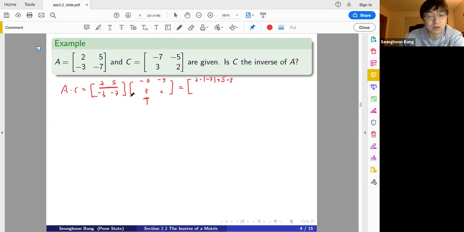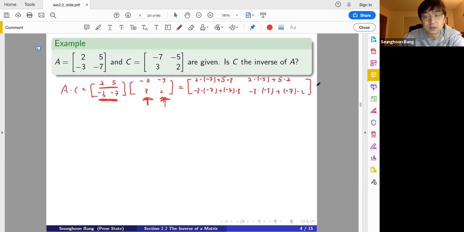First row times second column: 2 times -5 plus 5 times 2. Second row times first column: -3 times -7 plus -7 times 3. Second row times second column: -3 times -5 plus -7 times 2.